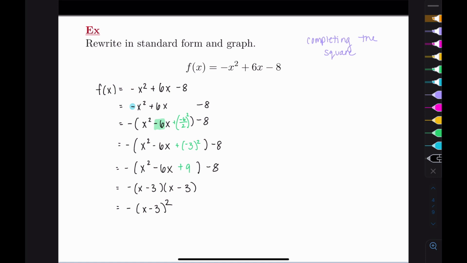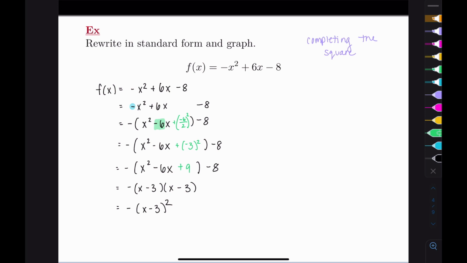So by doing this very specific process of taking this number, dividing it by 2, and squaring it, you end up with something that factors very nicely. But the problem is, I have not kept this equation exactly the same. So we have to balance the equation as well.